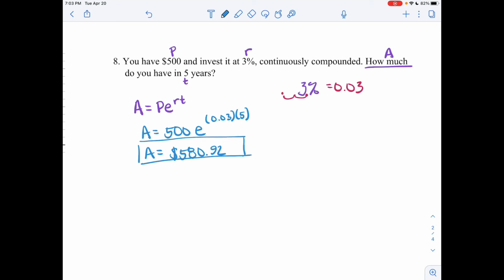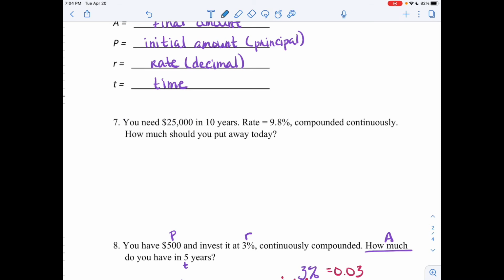Let's go ahead and take a look at number 7. So for number 7, we're told that we need to have $25,000 in 10 years. Maybe parents are saving for college or something, for somebody that's in elementary school. And so our final value, the value that we want to have at the end of 10 years, is 25,000.